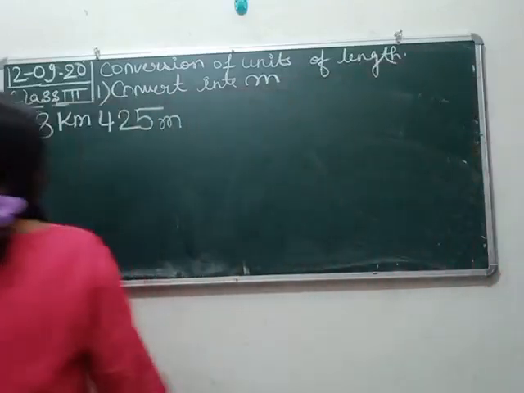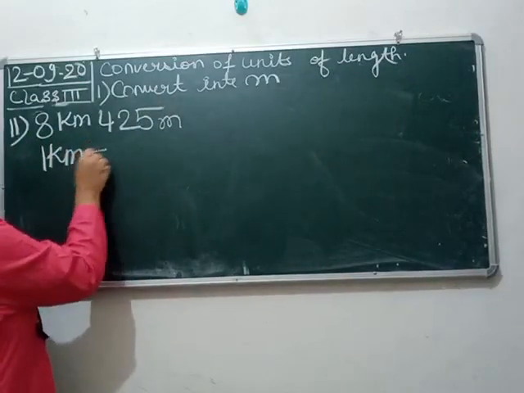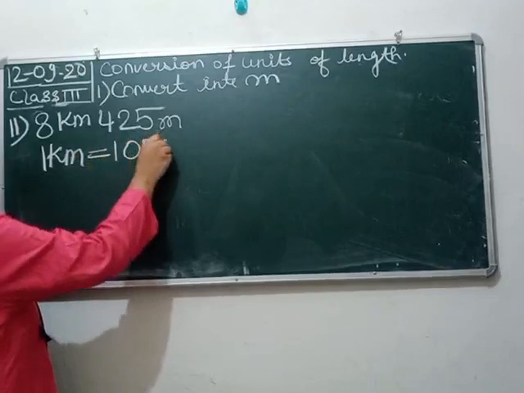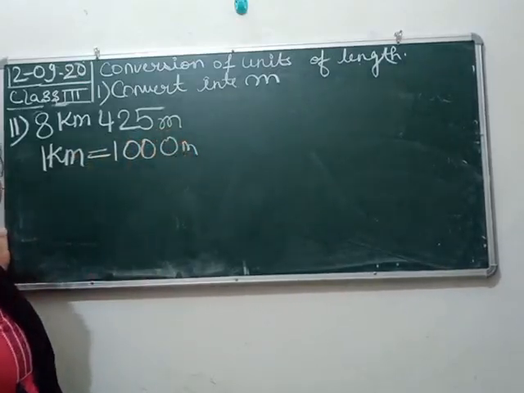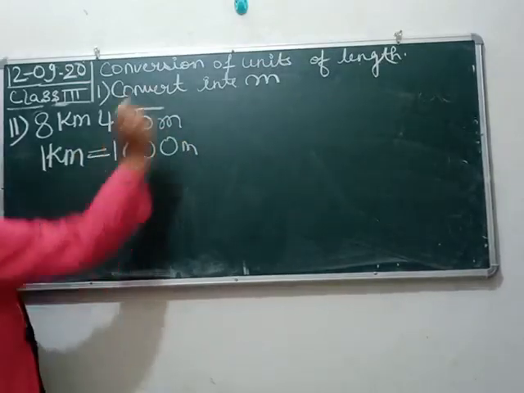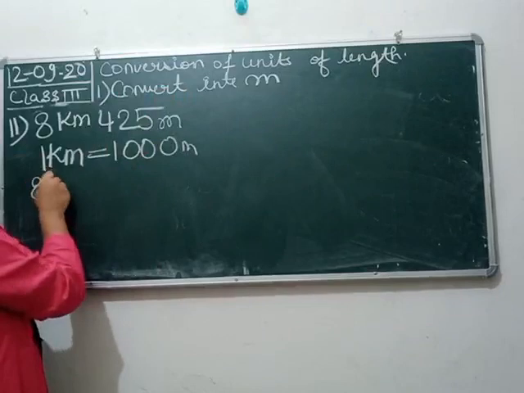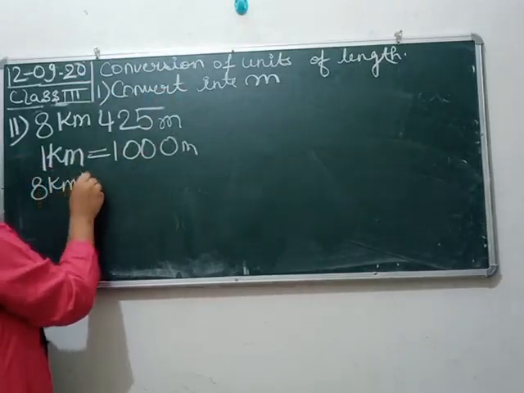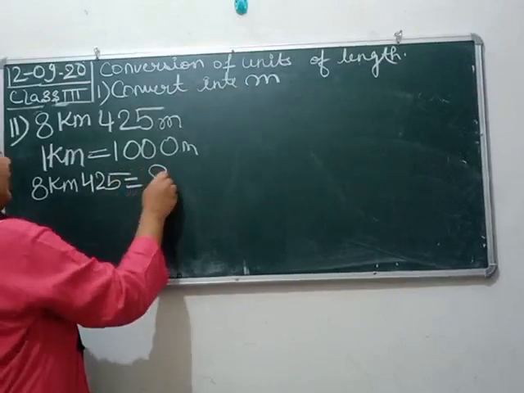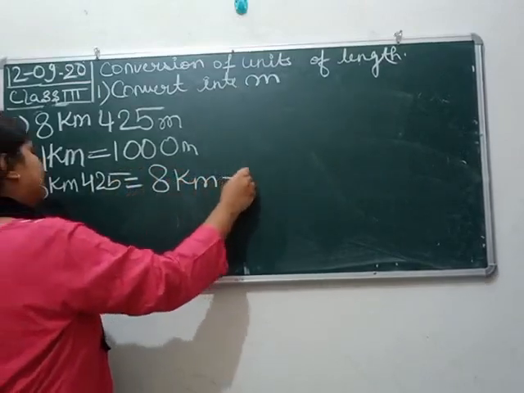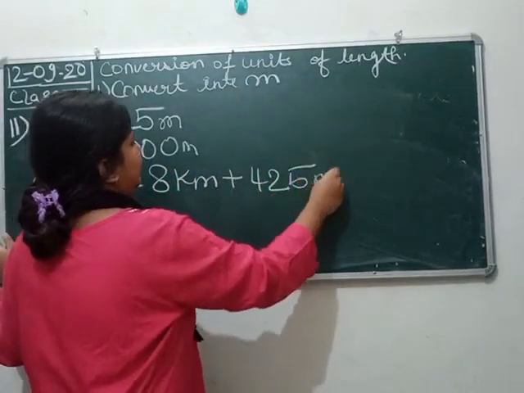See, so 1 kilometer is equals to 1000 meter. If 1 kilometer is equals to 1000 meter, then 8 kilometer 425 meter is equals to 8 kilometer plus 425 meter.